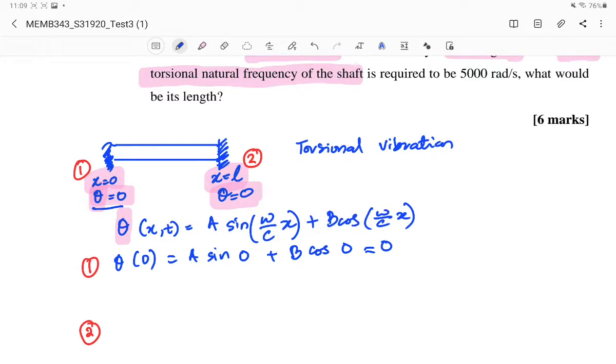From that, you know that sine 0 is 0 and cos 0 is 1. So this expression, sine 0, is already 0, and you are left with your b, basically, since cos 0 is 1. So b gets 0.